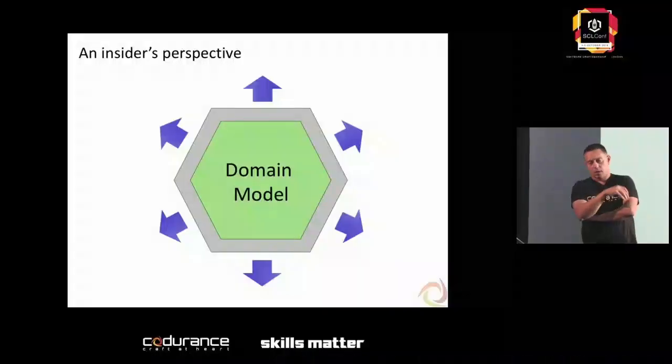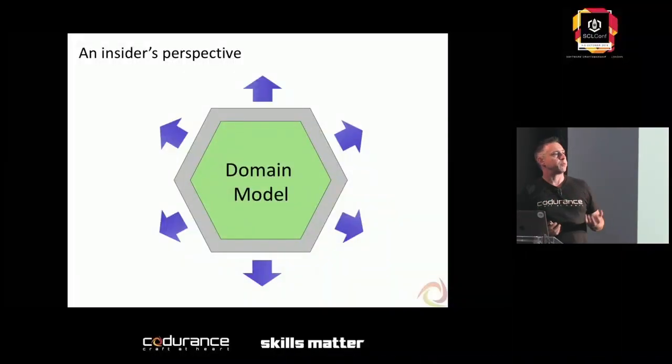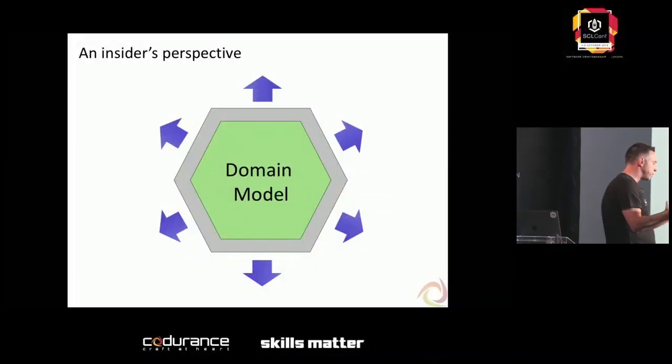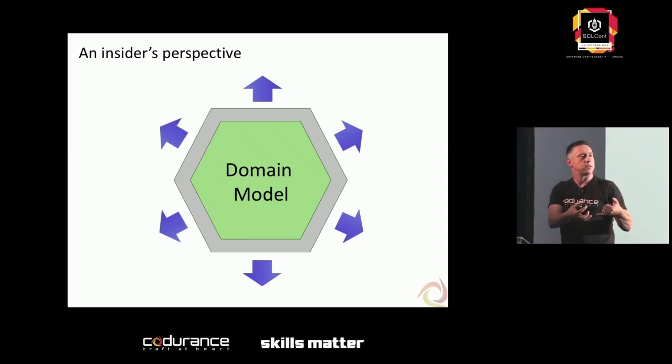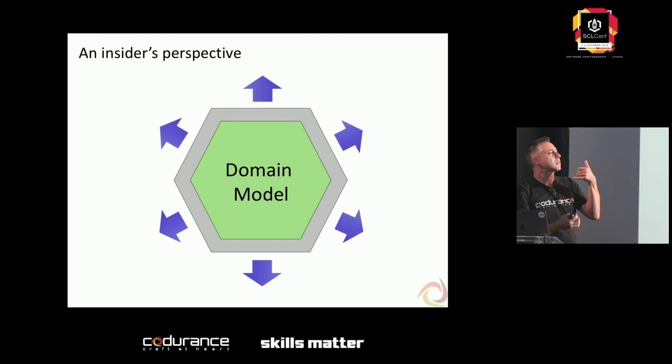If I look at the insider's perspective, this is what we normally do. We go to our domain model, domain-driven design and things like that. We think about hexagons; for people who like hexagonal architecture, it is what goes inside. This insider's perspective is very important.